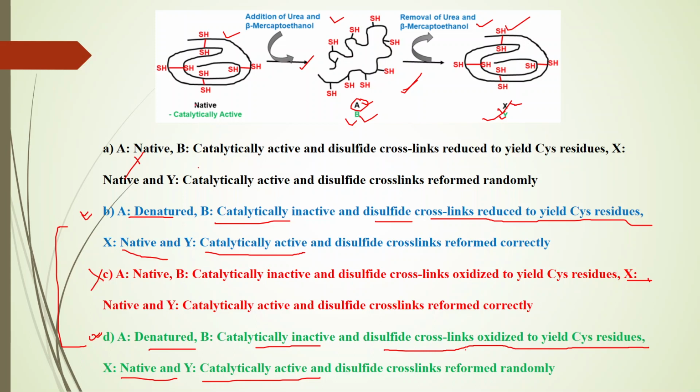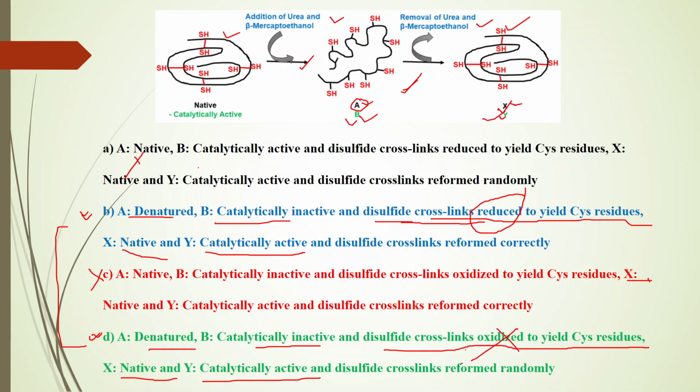If you have to break a disulfide bond, you have to reduce it, because disulfide bonds are formed by oxidation of SH groups, forming the SS bond. So the statement that the disulfide crosslinks are reduced to yield cysteine residues, that is SH residues, because cysteine has CH2SH as the R group, is correct. But here it says the disulfide crosslinks are oxidized.